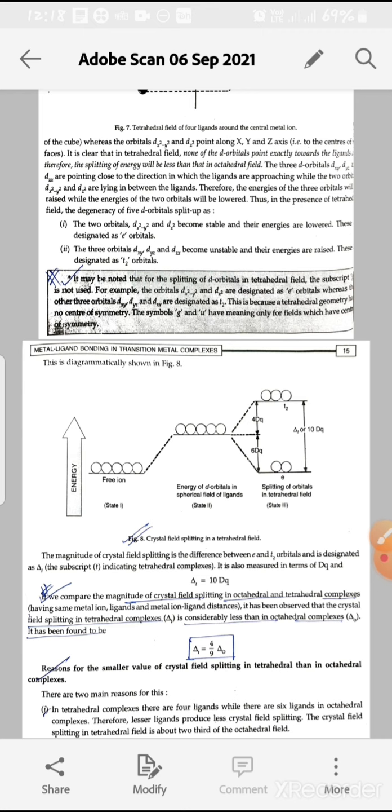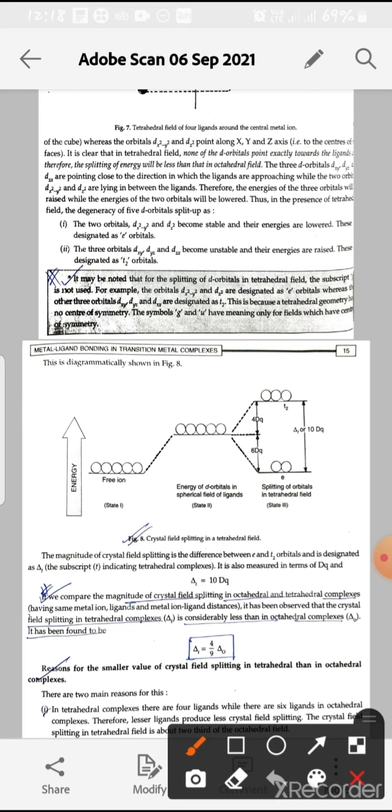Firstly we will see the free metal ion in the diagram. These are the 5 degenerate d orbitals of the free metal ion.